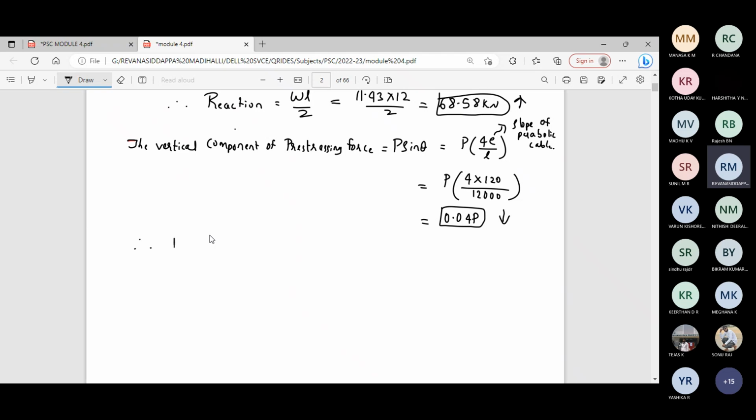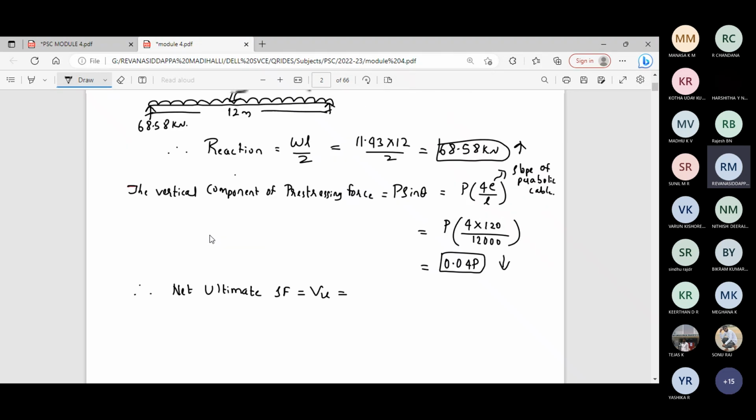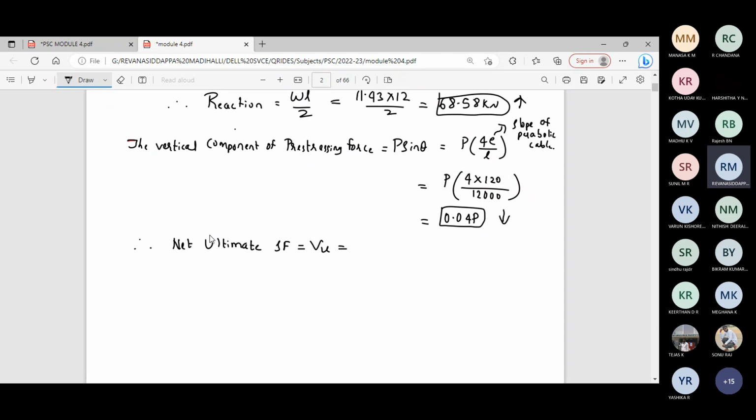Therefore, net ultimate shear force VU is equal to plus upward 68.58 minus 0.04 P, taking upward as plus.